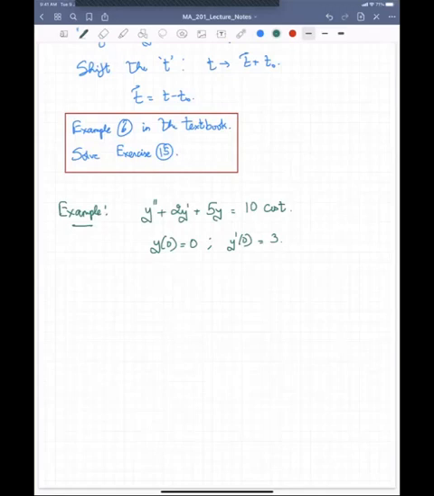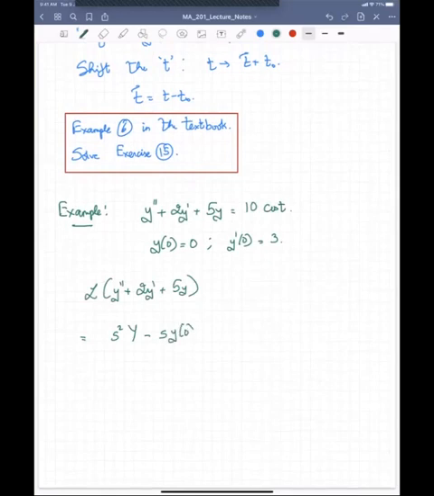So first, again, we should form the subsidiary equation. To form the subsidiary equation, you have to take the Laplace transform on both sides. So the Laplace transform of y double prime plus 2y prime plus 5y is s squared times the Laplace transform of y minus s times y at 0 minus y prime at 0.